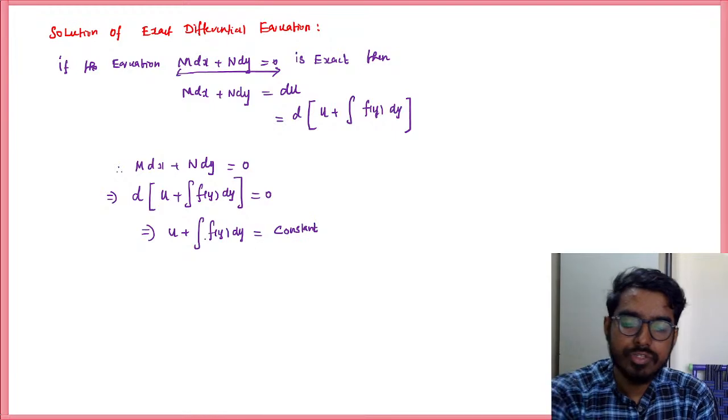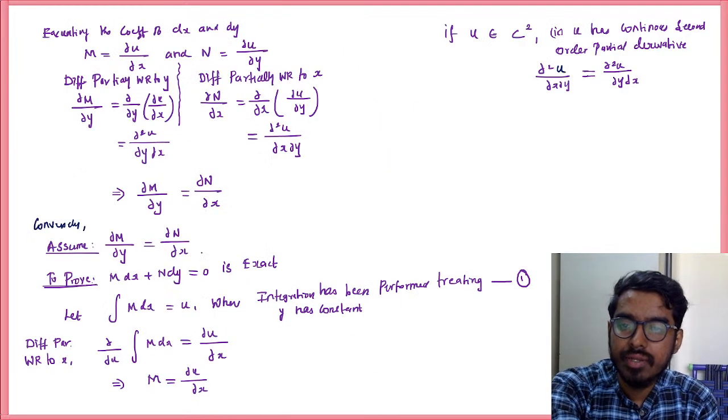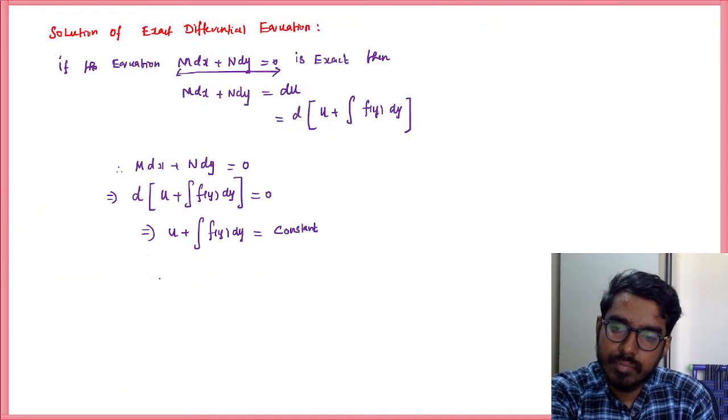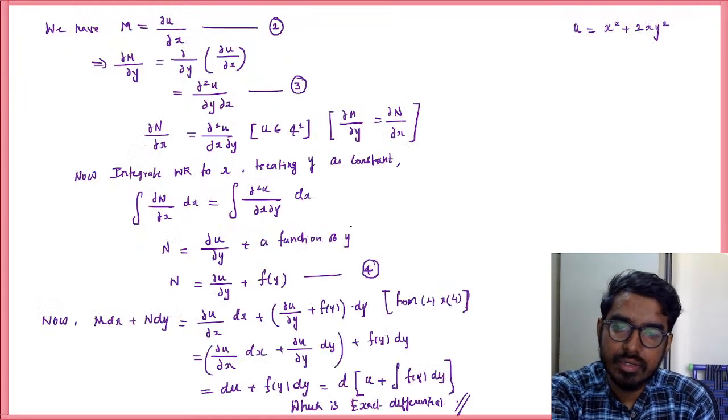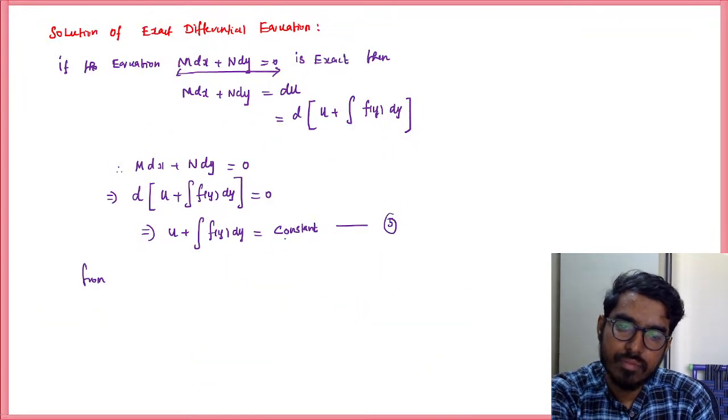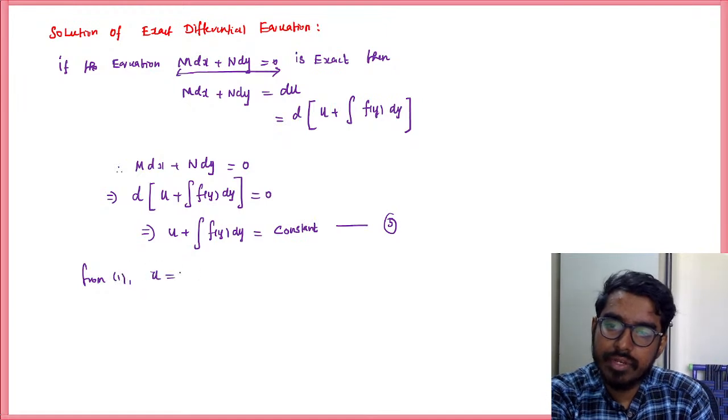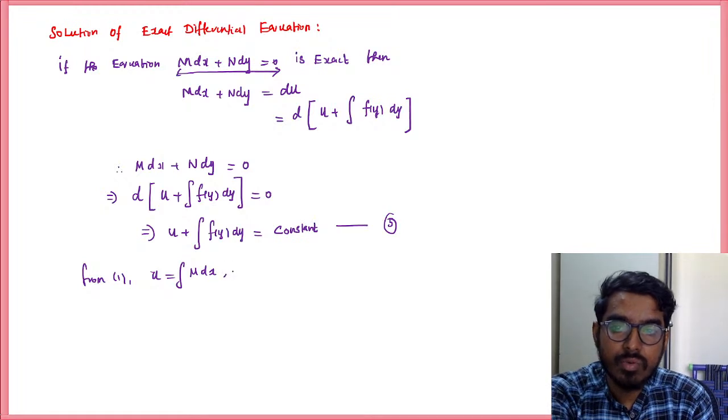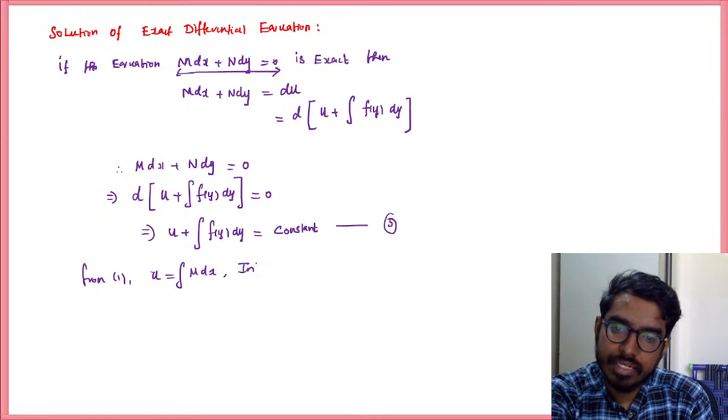So what is u? By assumption, from 1, we know that u is integration of M dx. Let's call this equation number 5. From 1, we know that u is integration of M dx, where this integration is performed treating y as constant.